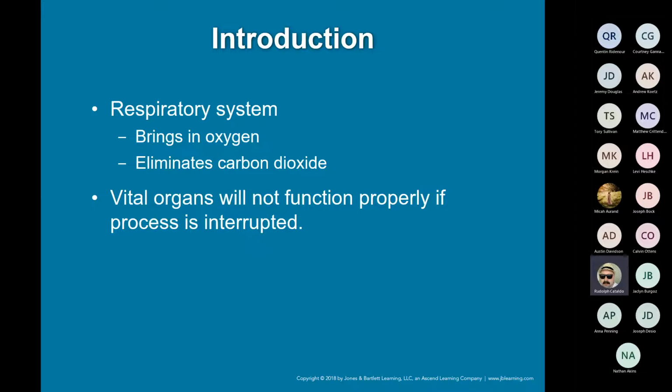The outside air, inside air, wherever you're at now, is roughly 21% oxygen, 20.9% to be exact. If we were to take oxygen out entirely, that's when we would become hypoxic. The problem with hypoxia is that our organs will start to shut down, and our non-vital organs will shut down first, things like our liver and kidneys.